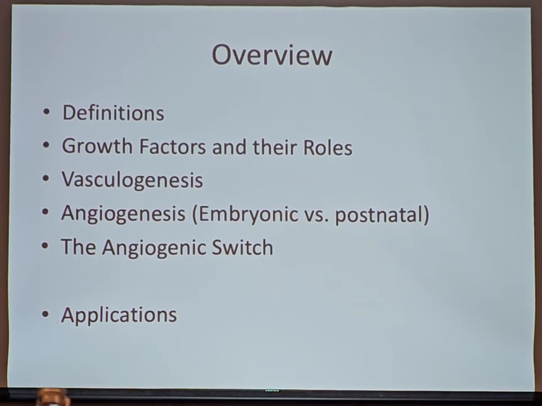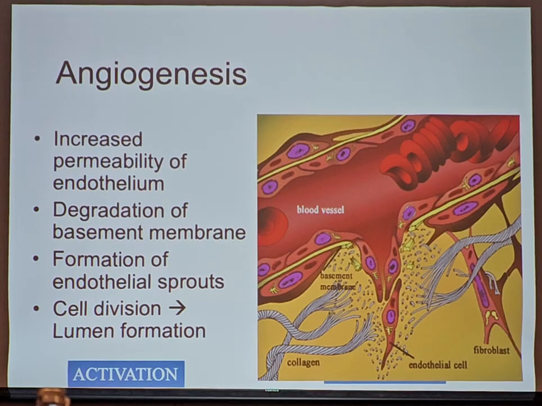Okay, we talked about the definitions, the growth factor, vasculogenesis, the embryonic and the postnatal angiogenesis. Now we will have to talk about the concept of the angiogenic switch. And this means that we'll have, during angiogenesis, two different processes.